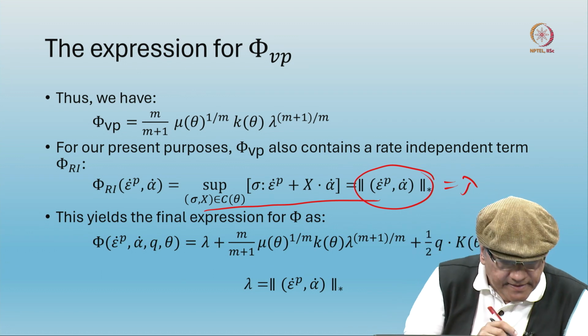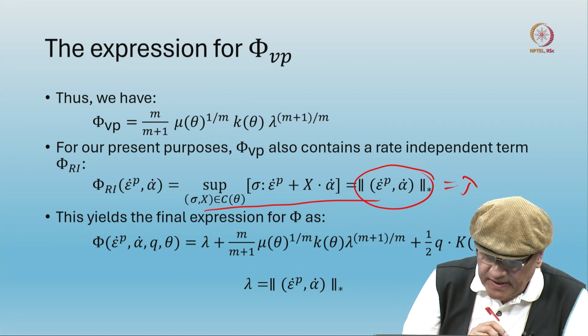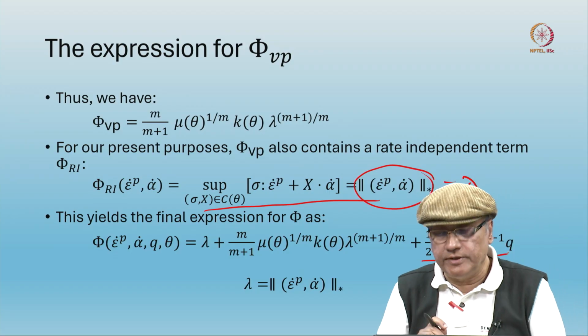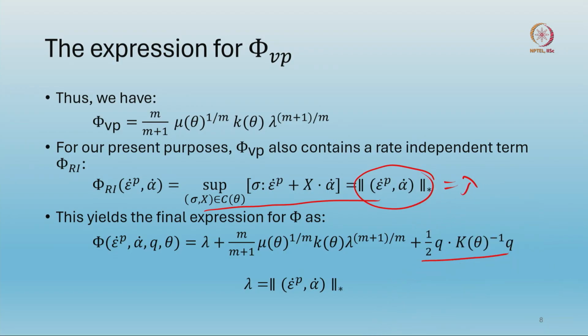So you can add this phi Ri to the phi, and also add an extra term. As you can see, the extra term corresponds to the heat transfer. k theta is not exactly, but related to the conduction coefficient.